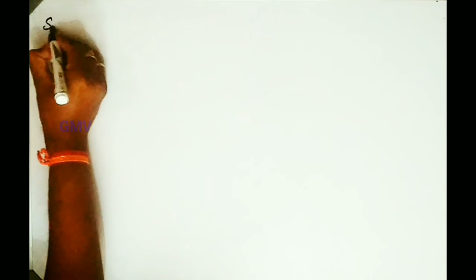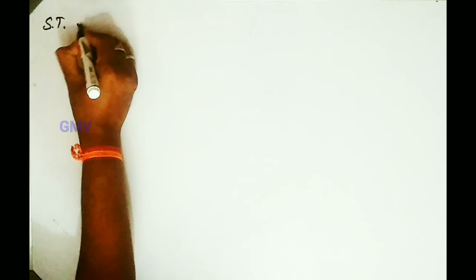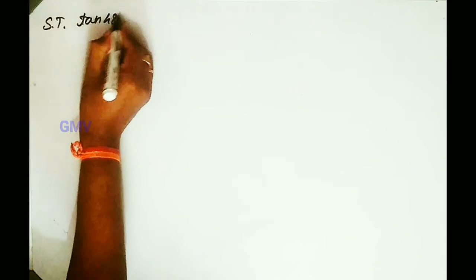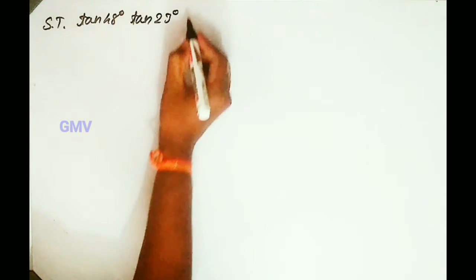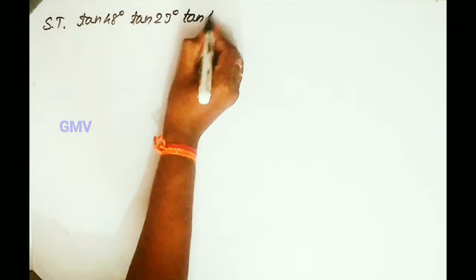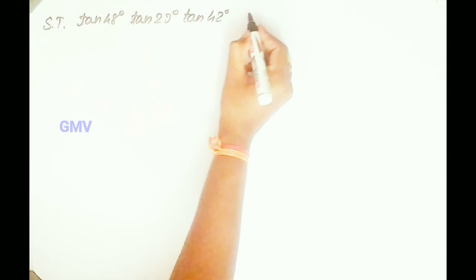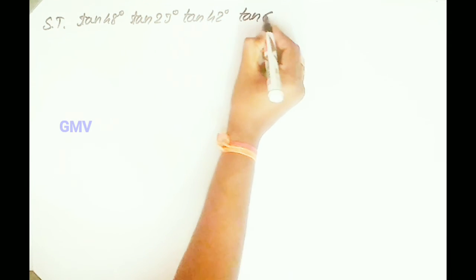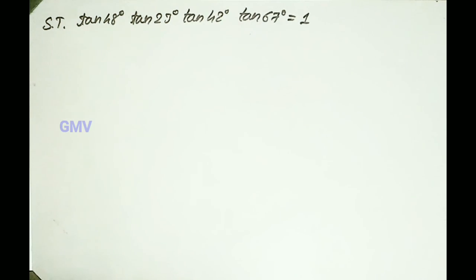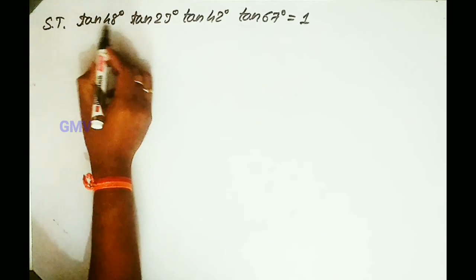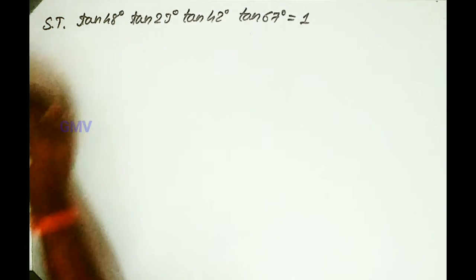Show that tan 48 degree into tan 23 degree into tan 42 degree into tan 67 degree is equal to 1. Here we have to show LHS is equal to RHS.